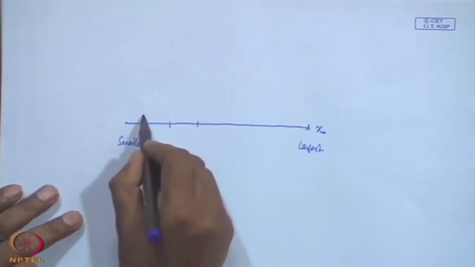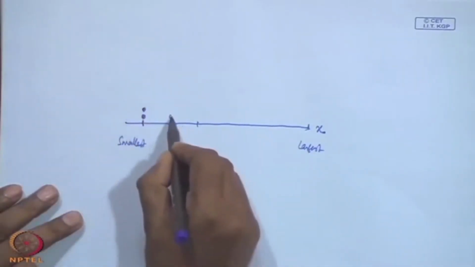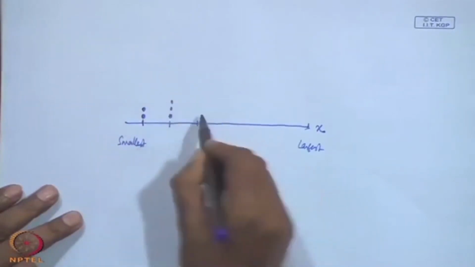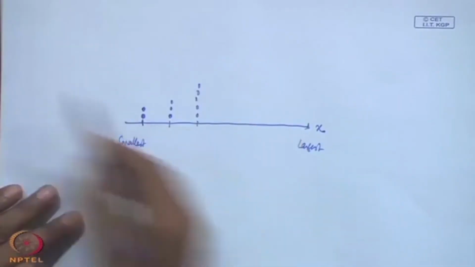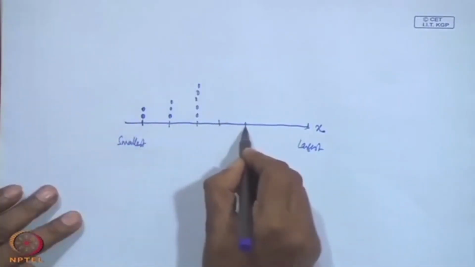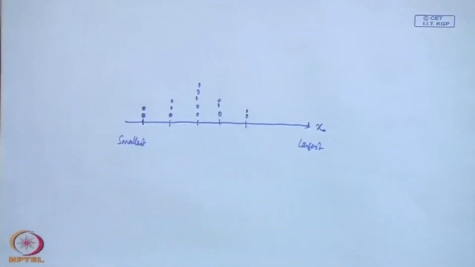Suppose at this value you have two observations, here let it be 3 observations, here let it be 5 observations. This type of plotting you are doing here. Again here 2 values, like this. This is known as a dot plot.